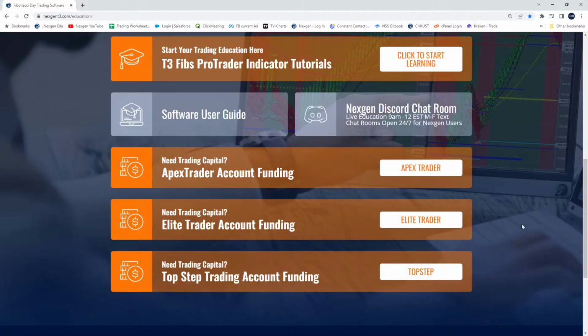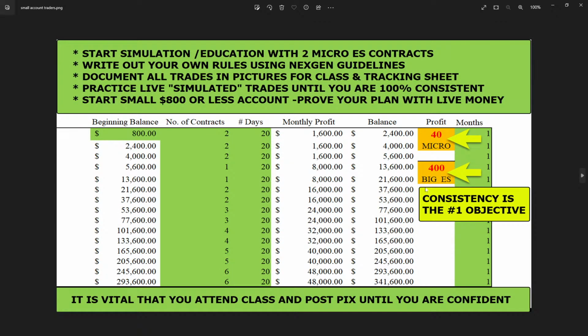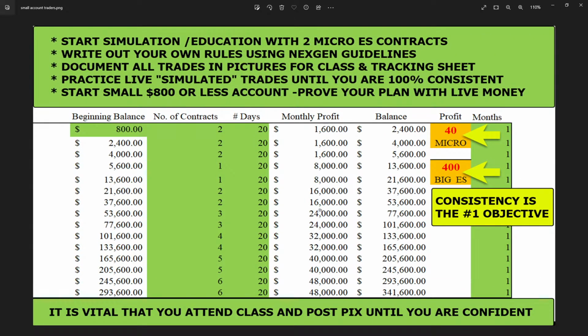On the education page, there's a process that you guys are going to go through. This is an old picture. When they first came out with micro contracts, it was a really cool thing.